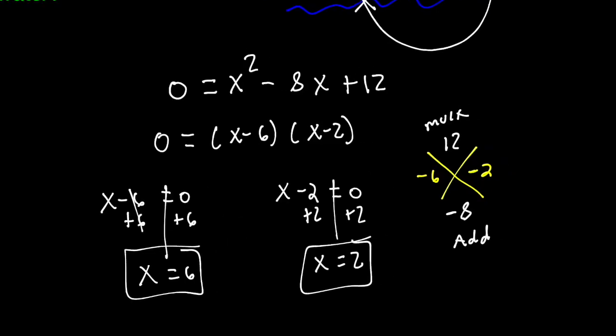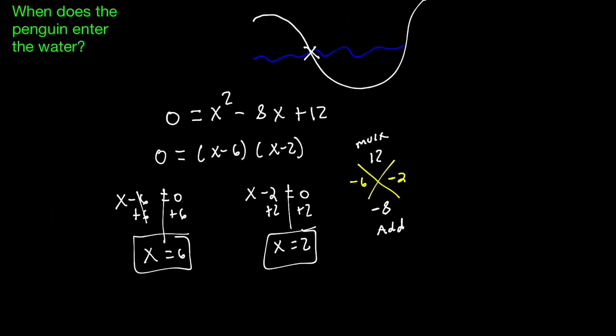So we have 2 and 6 here because we are trying to find the first x-intercept. We're going to say that the penguin dives at 2 seconds. The penguin enters the water at 2 seconds.